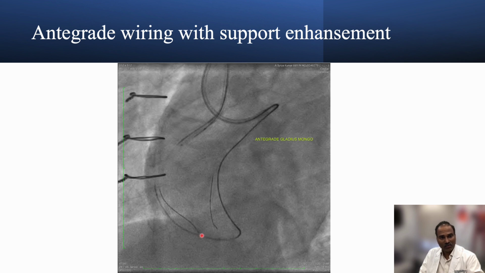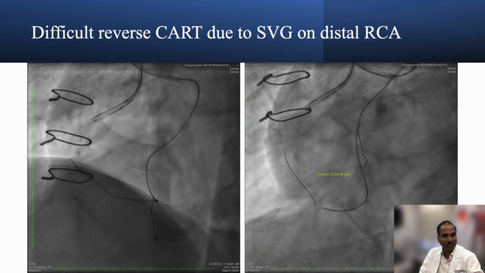So that's where your distal right coronary artery is more coaxial with the venous graft than the proximal RCA, proximal to the anastomosis. That created a problem in reverse CART. So we were not able to connect antegrade and retrograde wires because of the loop in the right coronary artery at the site of the distal SVG anastomosis.